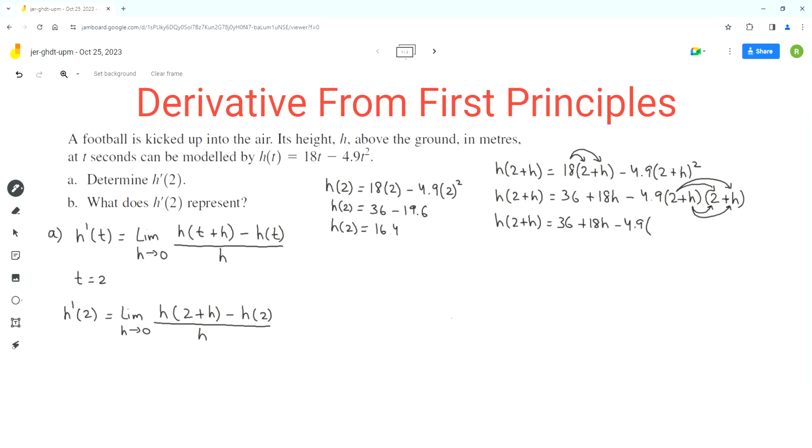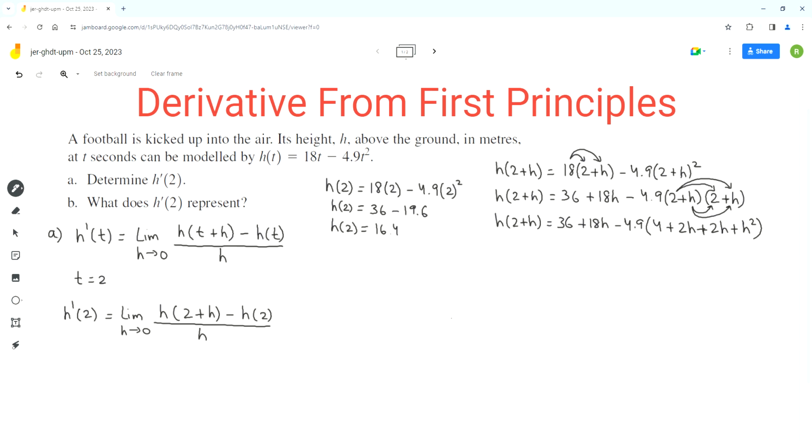So in parentheses, we get 4 plus 2h plus 2h plus h squared.